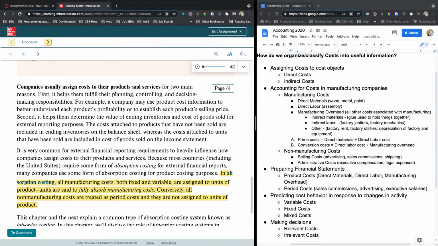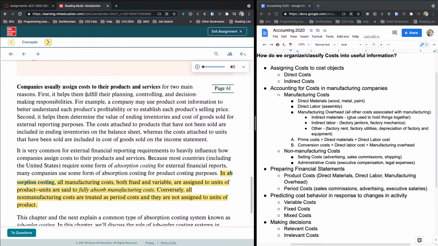Companies usually assign costs to their products and services for 2 main reasons. First, it helps them fulfill their planning, controlling, and decision-making responsibilities. So why would you assign costs to your product and service? The first thing that comes to mind is I want to make money, right? For instance, I'm selling bean bags.